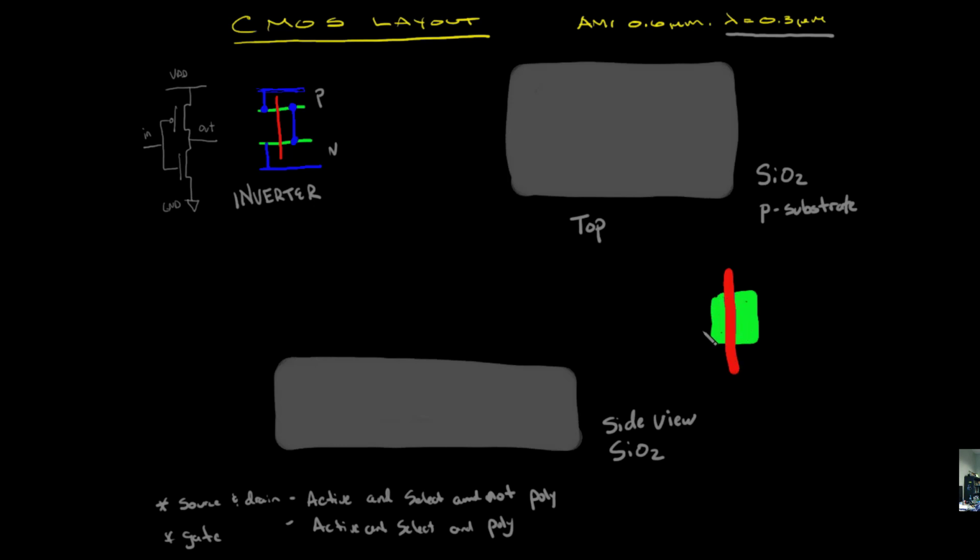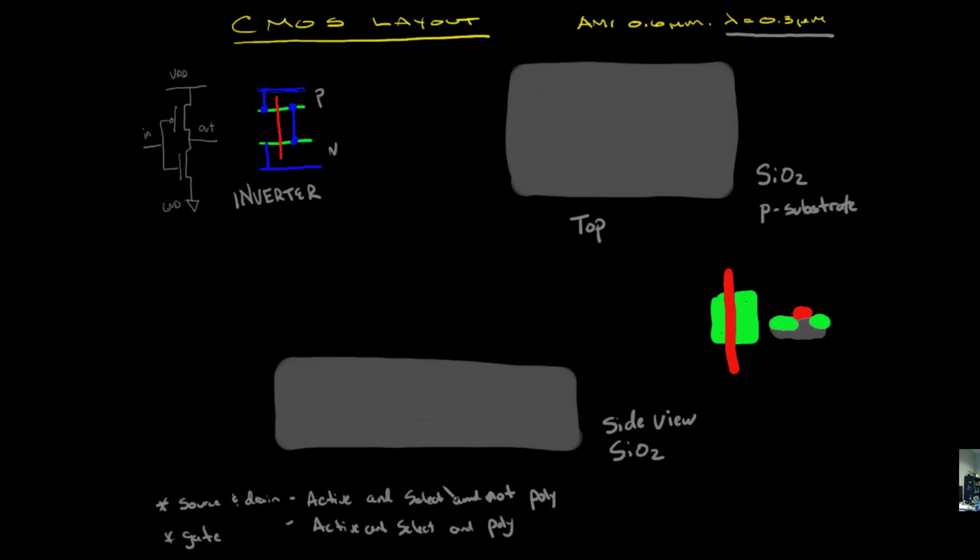If I were to look at it from underneath, you'd have your substrate, you'd have an area of doped material, and then on top of that you'd end up with your gate. But the AND property and the AND NOT property is going to mask these areas off.